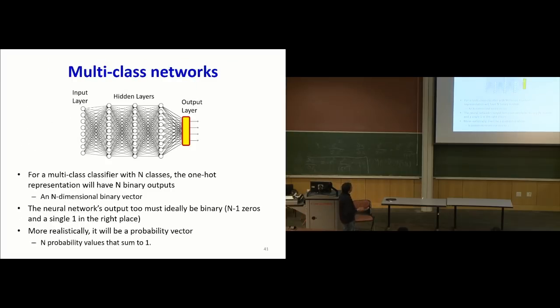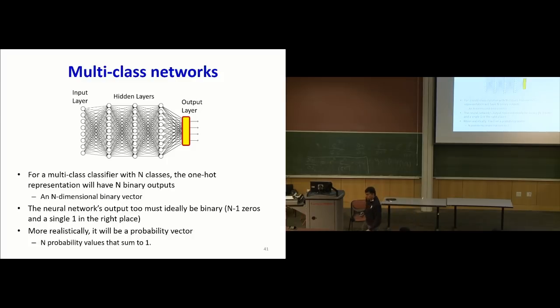Now, if you want to build a neural network that can perform multi-class classification, you will have as many outputs as the number of classes.